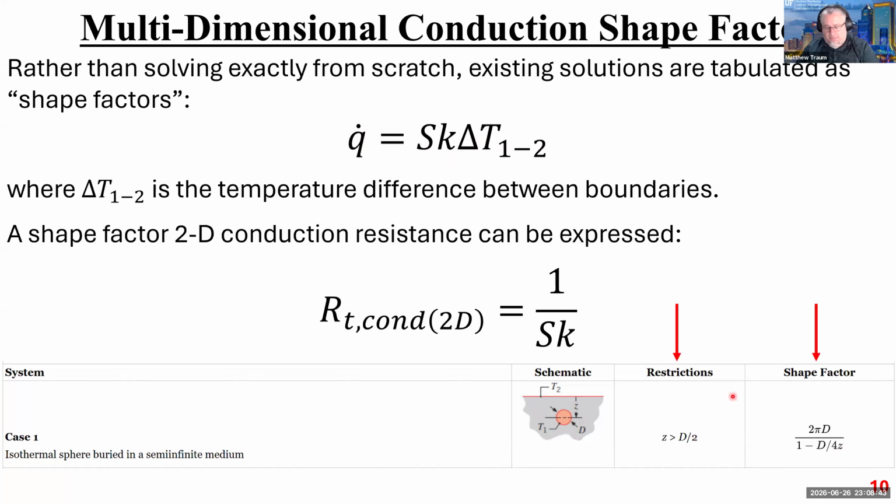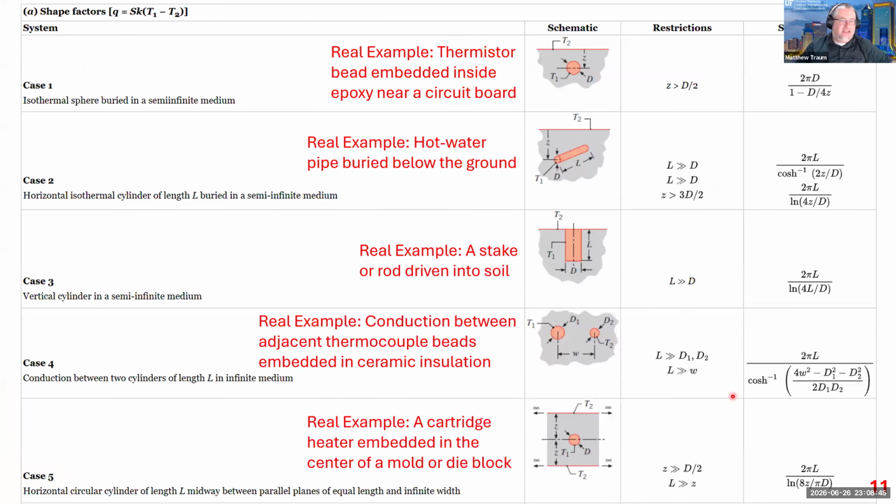Okay. Lots and lots and lots of shape factors, and there are many more that are even beyond what's in this book. In a world of AI, an expectation is that you should be able to basically find any shape factor for any kind of common geometry, right? So we're not going to be constrained to just what's in the book, because you can go out and search for other shape factors.